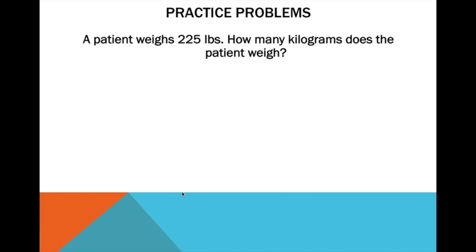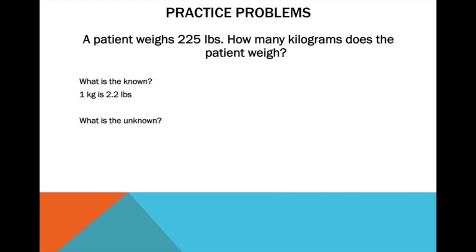All right, another practice problem: a patient weighs 225 pounds. How many kilograms does the patient weigh? This is where knowing our conversions is important. We know that 1 kilogram equals how many pounds? 2.2 pounds, that's right. Because we know our conversions, that's our known value.